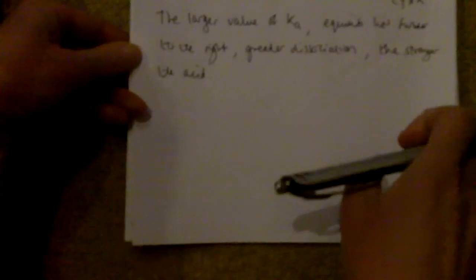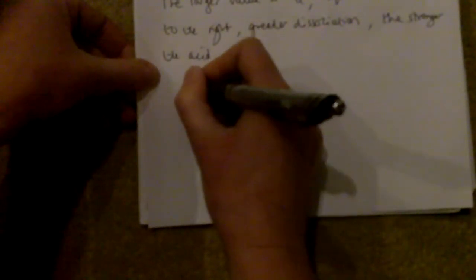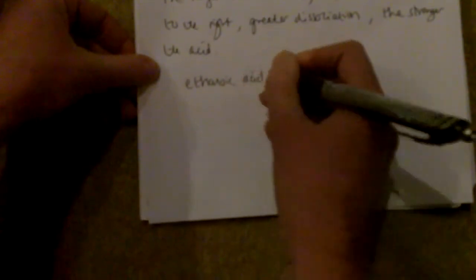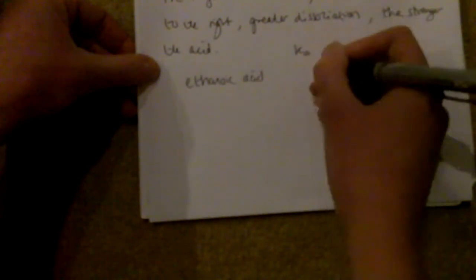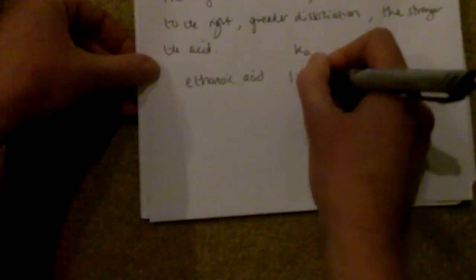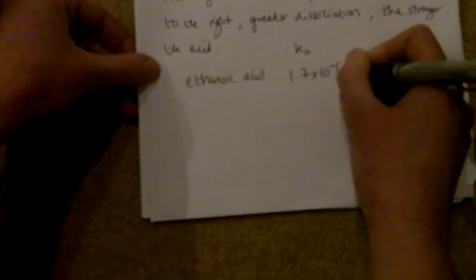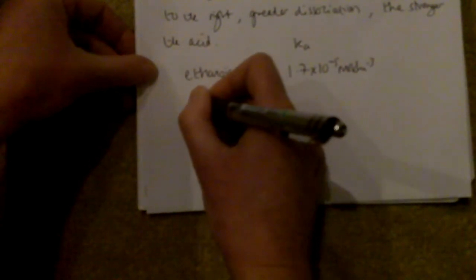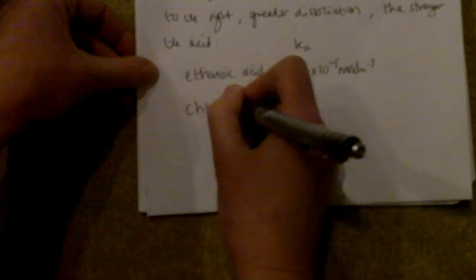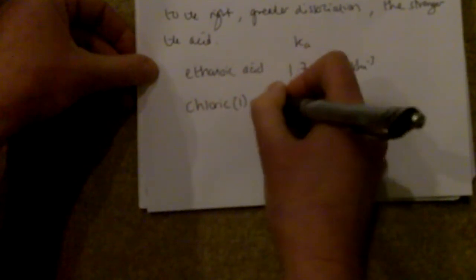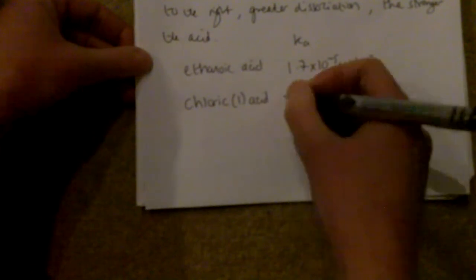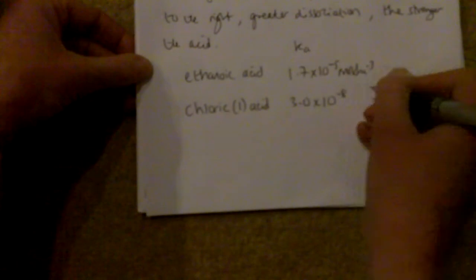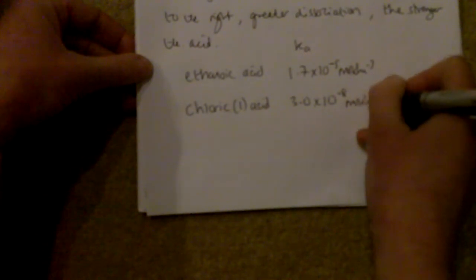So let's compare. If we have two acids, for example ethanoic acid, which has a Ka of 1.7 times 10 to the minus 5 moles per decimeter cubed, and if the question compared it with another acid, let's say chloric 1 acid, which has a Ka of 3.0 times 10 to the minus 8 moles per decimeter cubed.